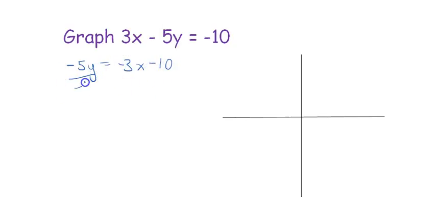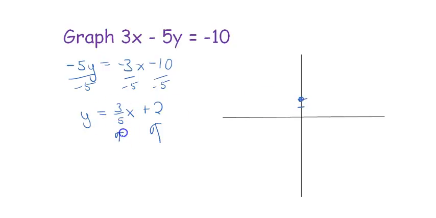And then divide by negative 5 everywhere. And that's going to give me y equals a positive 3/5 because I have two negatives, x, and plus 2. So if you remember, this part is your y-intercept, so I know I am crossing the y-axis at 2.